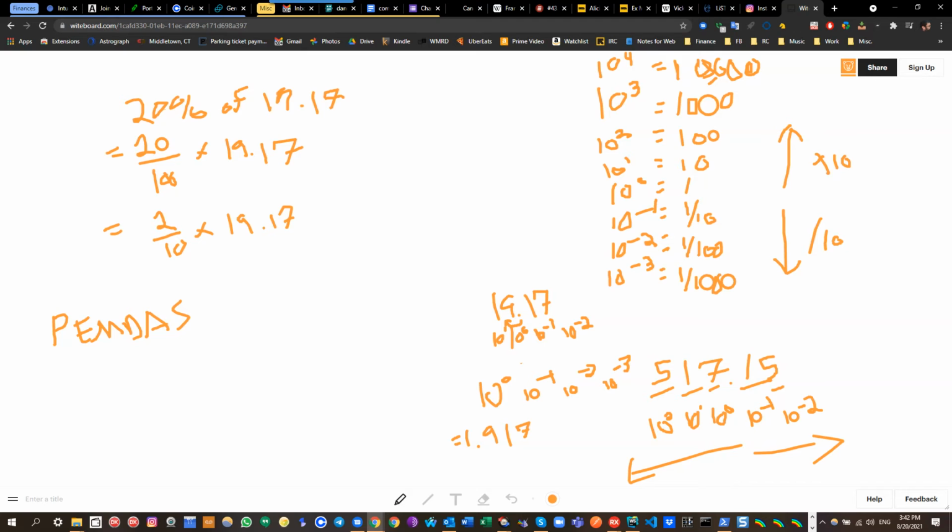That means if there are parentheses, exponents, multiplication, division, addition, or subtraction, then I need to execute each of those commands in this order. I need to do what's in the parentheses first. Then I need to work out the result of the exponents. Then I need to work out the result of the multiplication and division next.